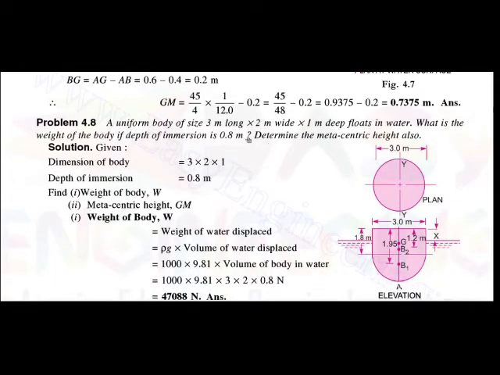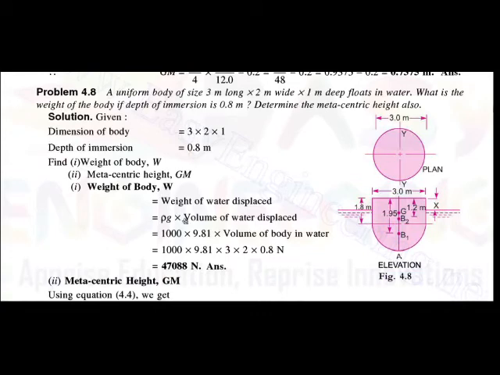What they have given in the example is the dimension of the body, 2 meter long, 2 meter wide and 1 meter deep. Then the depth of immersion is also given, 0.8 meter. We have to calculate W, then the metacentric height, that is GM.